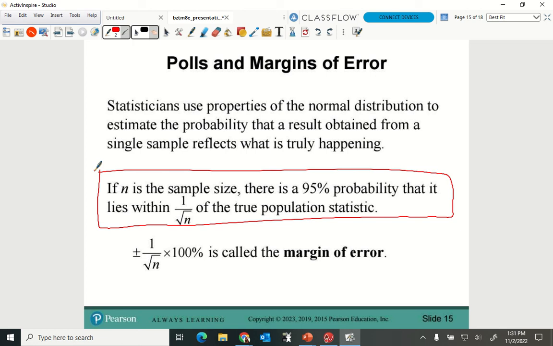95% confident. Now, let's say, for instance, we're betting on the basketball game later today. Who's playing today? Lakers. Are we betting on the Lakers or against the Lakers? You're betting on them? Okay. How confident are you that the Lakers will win?